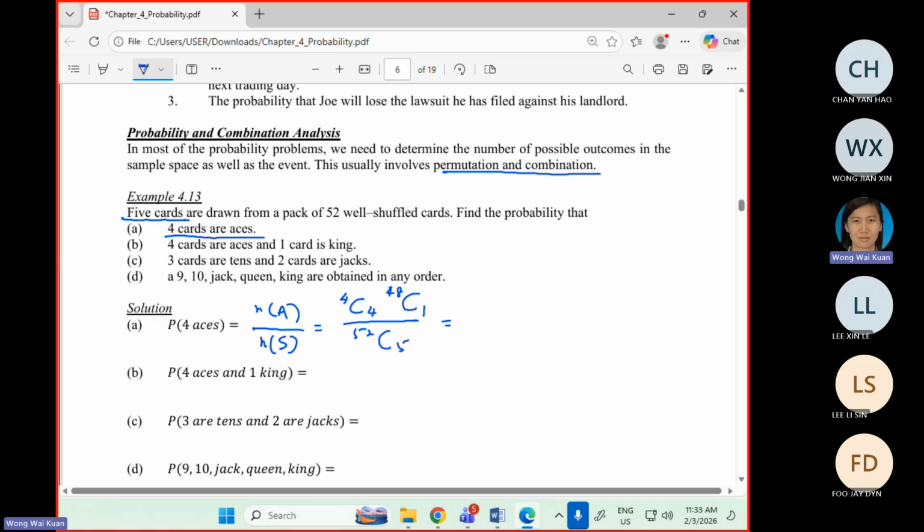Oh, you all got the answer from your calculator like that one. No, I want to show this only.